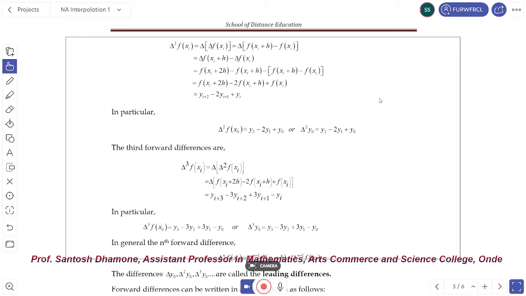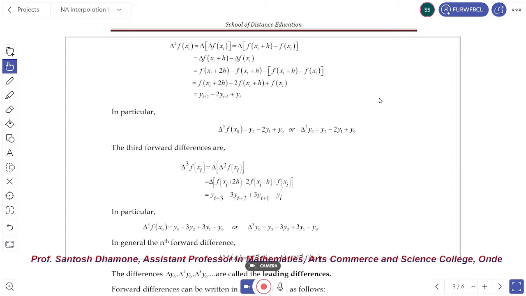Again, by using the definition of the forward difference operator, we get f of x_i plus 2h minus f of x_i plus h, minus, in bracket, f of x_i plus h minus f of x_i, which is equal to f of x_i plus 2h minus 2 f of x_i plus h plus f of x_i. In the form of y, we write this as y_(i+2) minus 2y_(i+1) plus y_i.